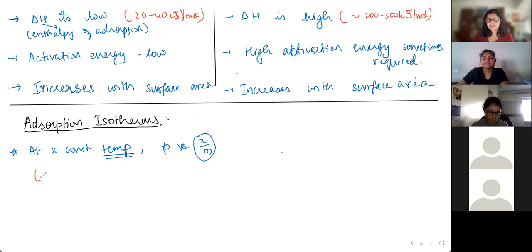A scientist named Freundlich did a lot of work related to it, so they're also called Freundlich's adsorption isotherms. Spelling is this. Freundlich is like German or Austrian or that side of Europe.